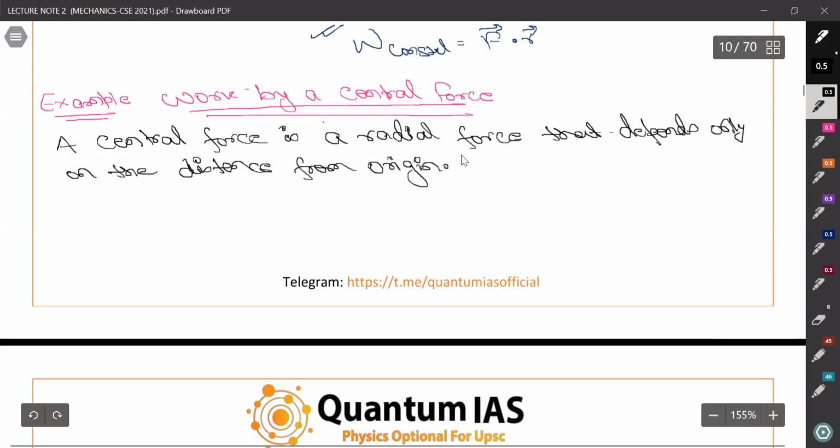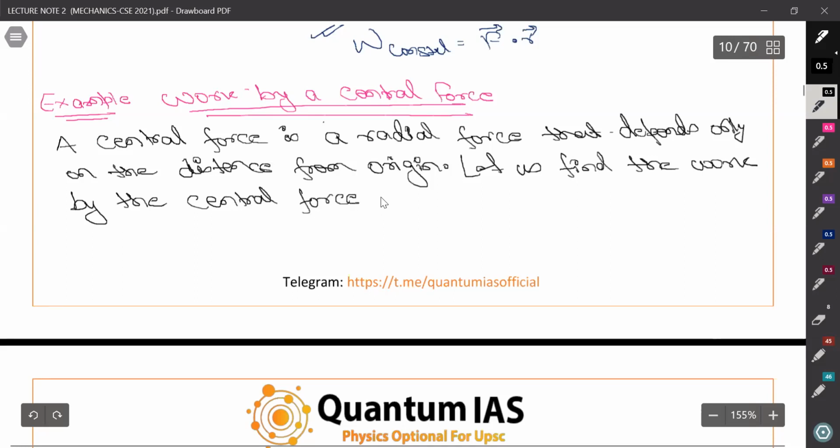That only depends upon the distance from the origin. Let us find the work by the central force, and it is given as F equals Fr r cap. See this. This is what we mean by central force.